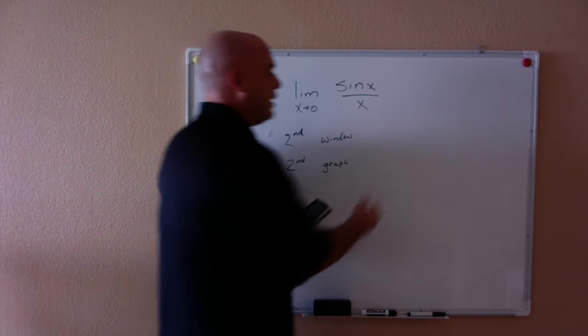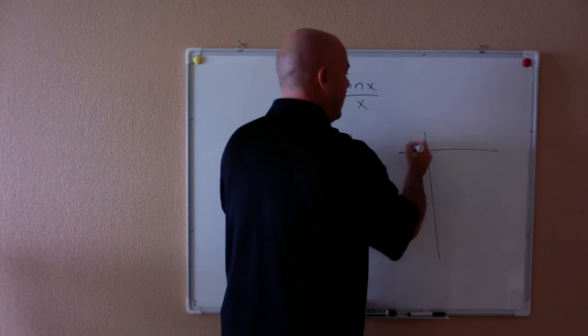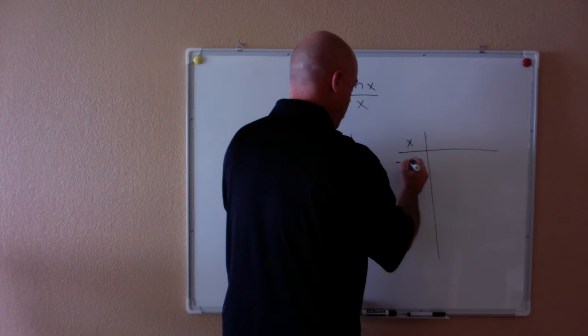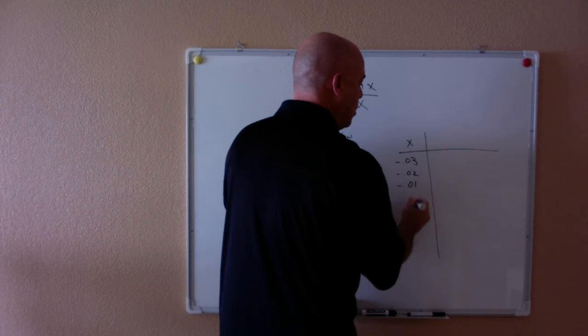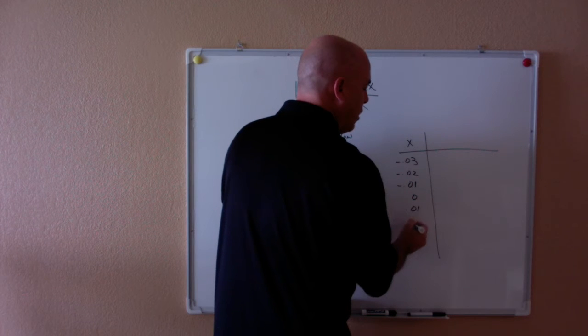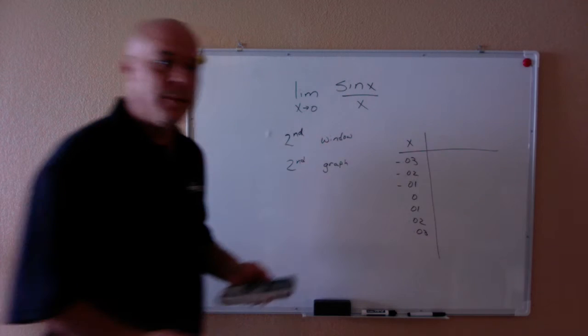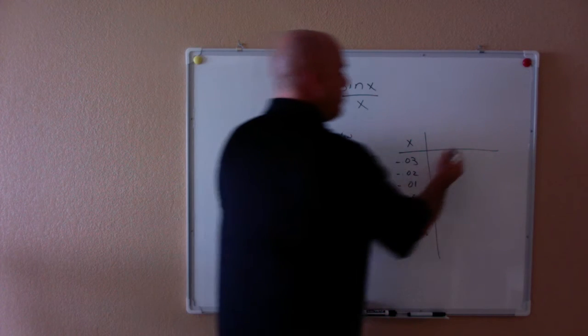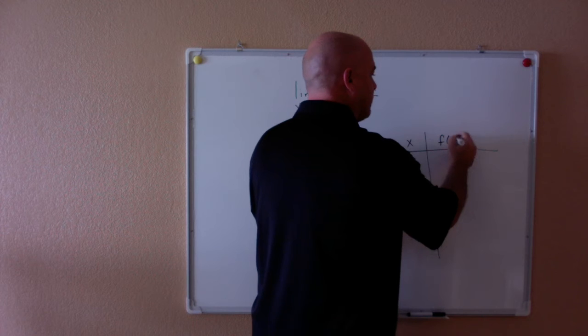And if I do that, what this is giving me is at an x value of negative 0.03, negative 0.02, negative 0.01, 0, 0.01, 0.02, and 0.03. Those are the values that I'm going to use. And I'm going to look at the function value at those points.